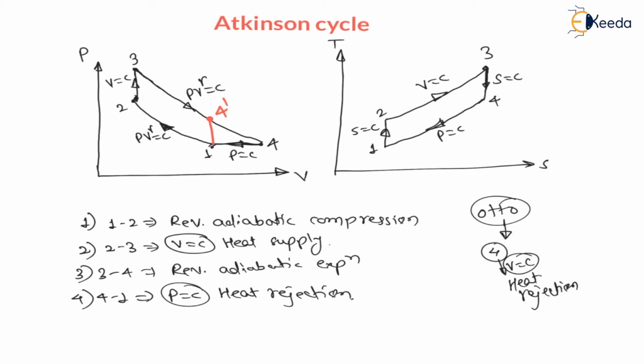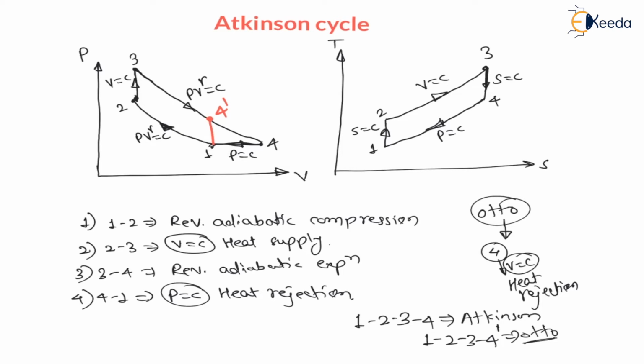Therefore I can say the cycle 1 2 3 4 and again 1 is Atkinson cycle, and the cycle 1 2 3 4 dash is Otto cycle.